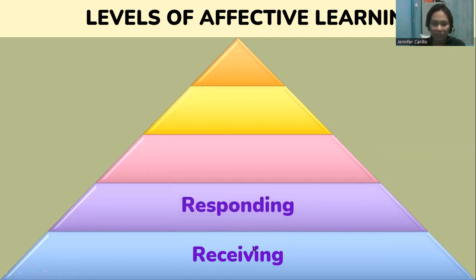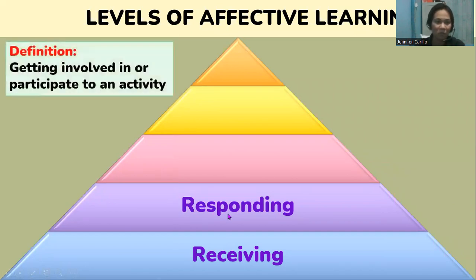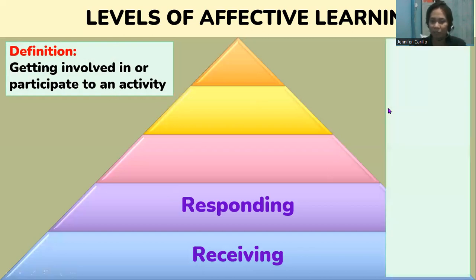After receiving, they need to respond. After listening, they need to respond, reply, or explain an idea. So what do we mean by responding? Here, the students need to get involved in or participate in an activity. What are the verbs we can use to develop the skill in responding?